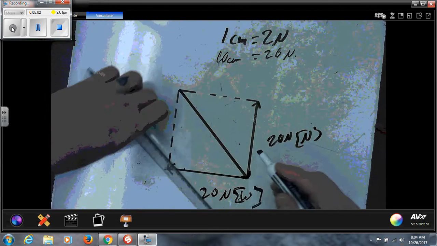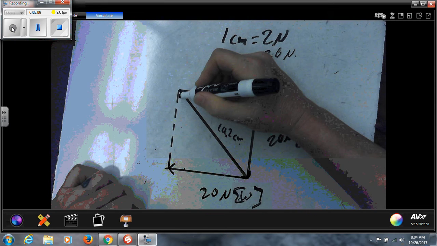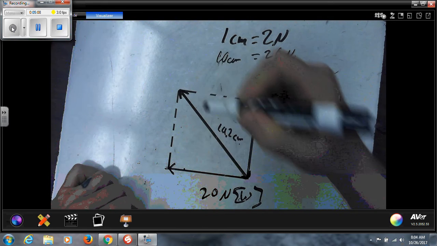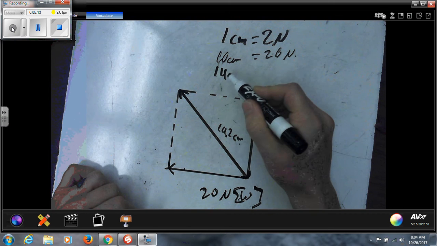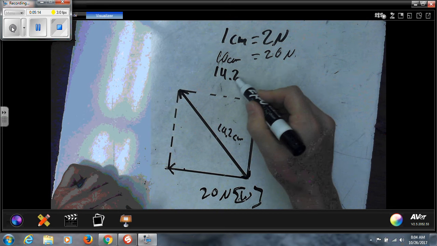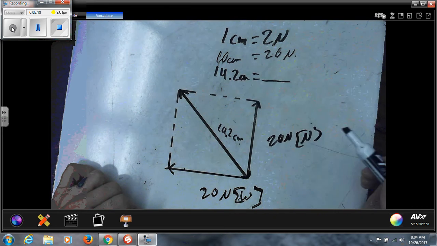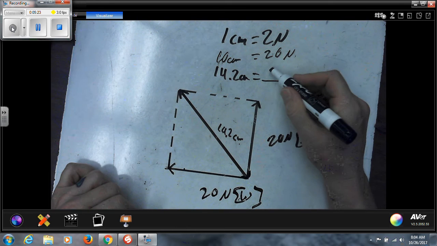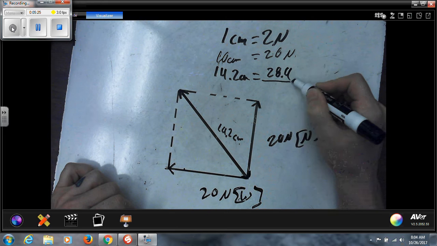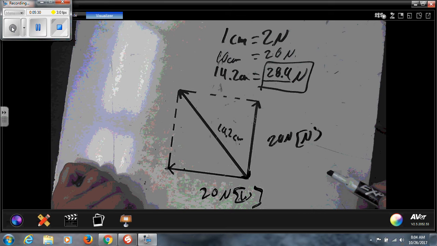So the length of this line is 14.2 centimeters. Being a vector, you have to have the arrow at the end there. Now remember, the scale is 2 to 1. If it's 14.2 centimeters, what would that be in terms of the magnitude for the force? All you do is times 2. So times 2, this is 28.4 newtons, which is very close to the amount that we found experimentally we pulled backwards.